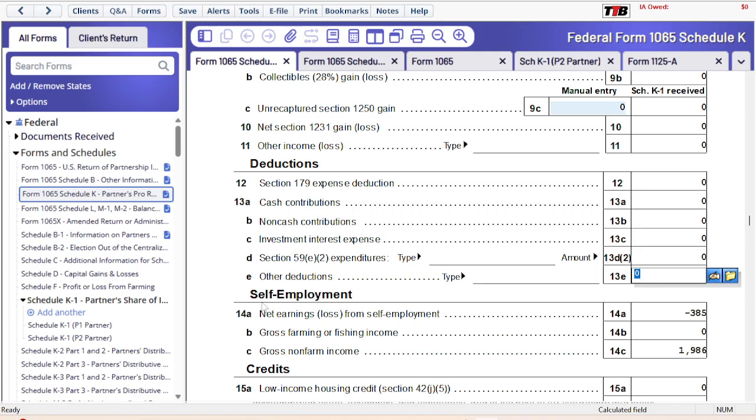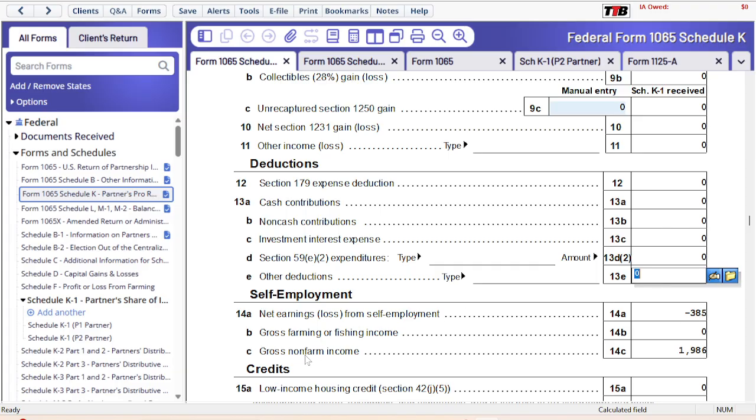So now Schedule K, self-employment. As you know, as a 1065 filer, you will complete the Schedule K self-employment section, line 14. Net income or loss from self-employment, we have negative 385 from 1065 page 1, profit or loss.